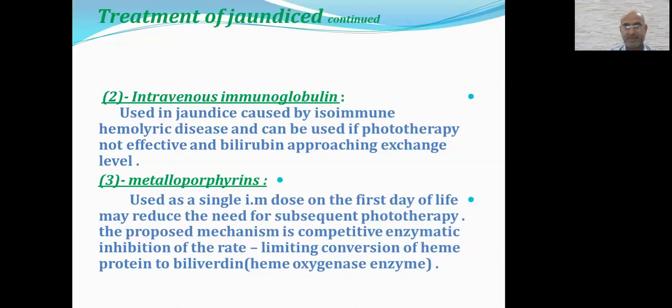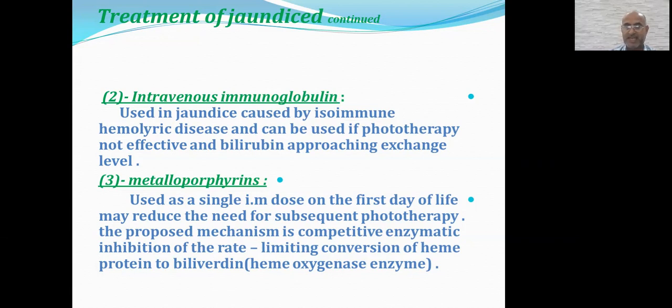Metalloporphyrins used as a single IM dose on the first day of life may reduce the need for subsequent phototherapy. The proposed mechanism is competitive enzymatic inhibition of the rate-limiting conversion of heme protein to biliverdin, the heme oxygenase enzyme that we mentioned earlier in the lecture.